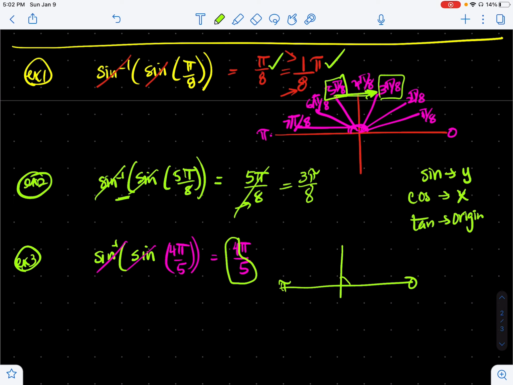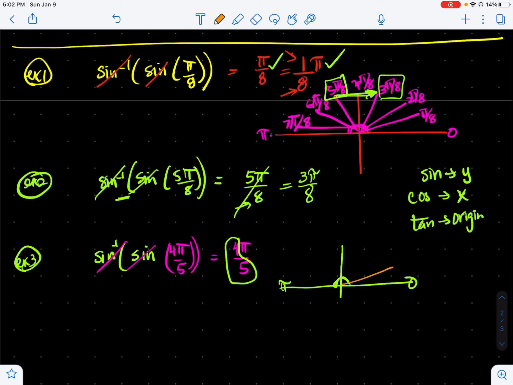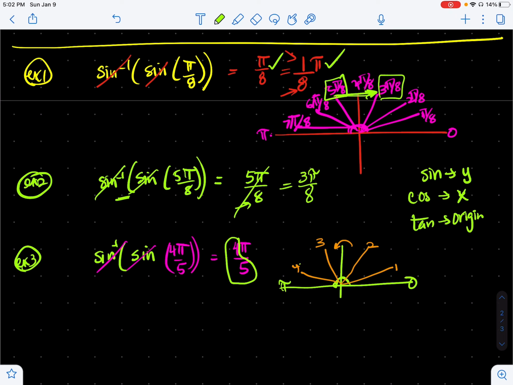So when I'm splitting this space into 5 parts, 2 will be on one side of the quadrant, the other 2 will be on the other quadrant, and 1 will be wrapped around the y-axis. So 1 and 2, I'm going to bypass this y-axis, 3, 4, and 5. With odd numbers, there's no choice but to bypass the y-axis. Because if I count the y-axis, I'll end up with an even number of parts. And you can clearly see 4 pi over 5 is sitting in the second quadrant.